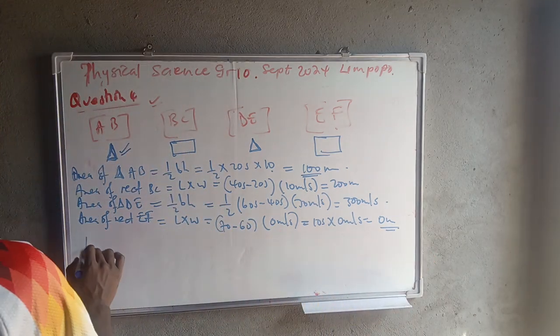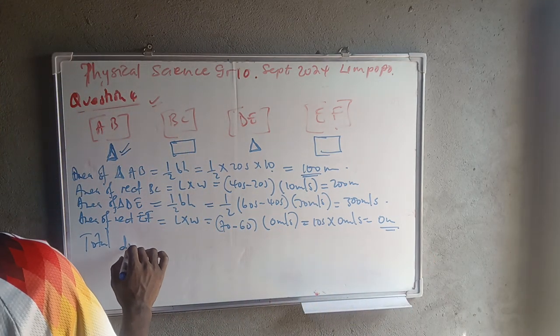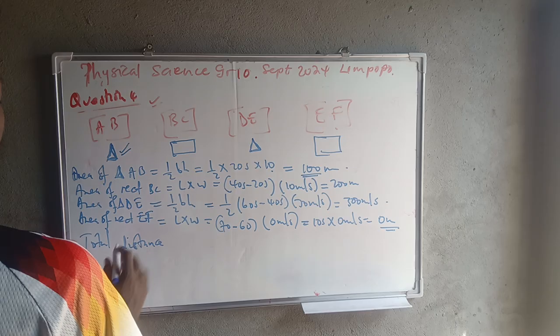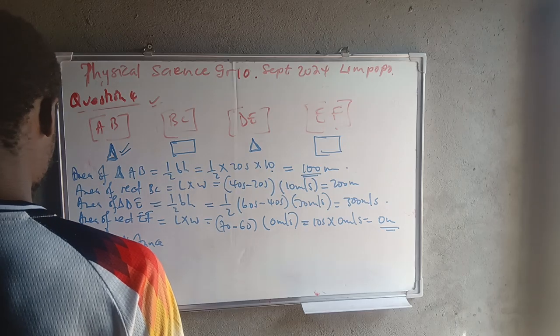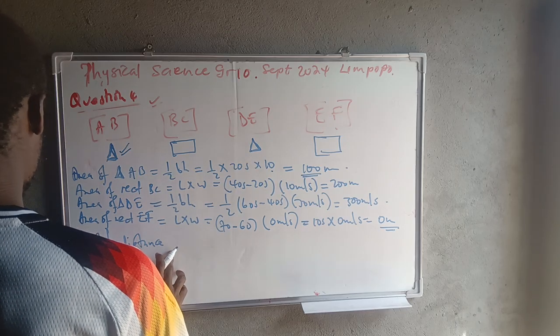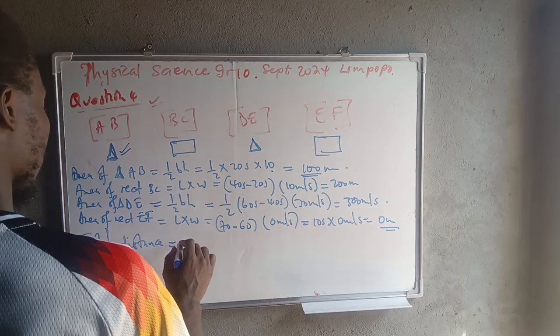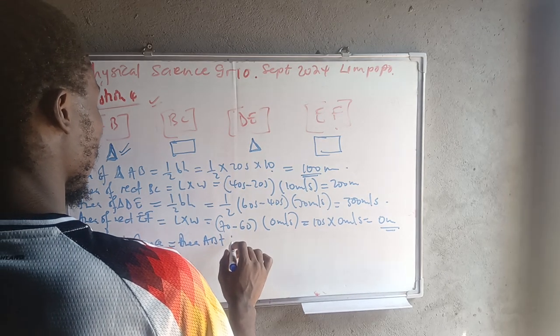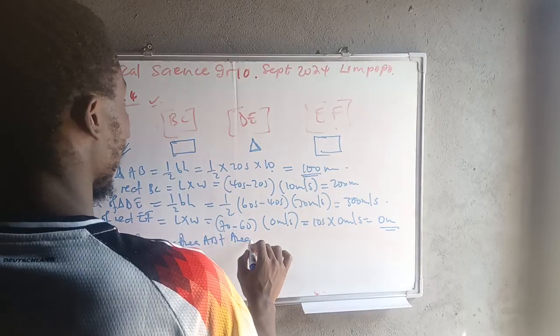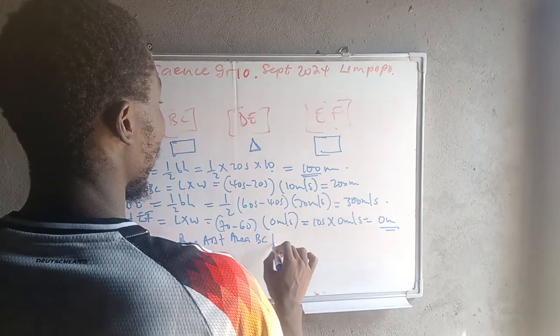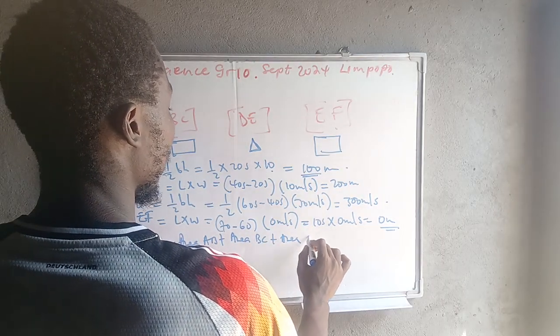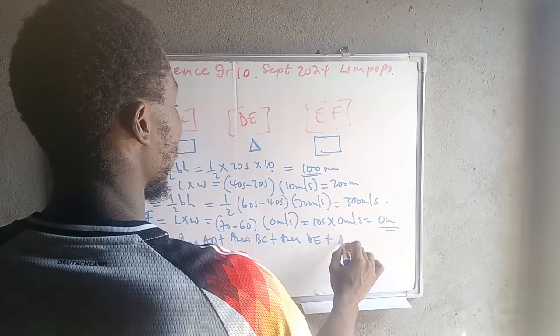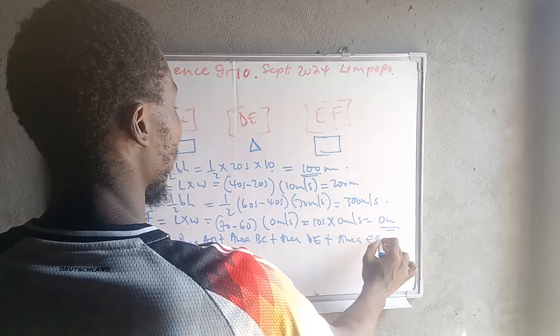So now the total distance traveled by the car from point A to point F is equal to area AB plus area BC plus area DE plus area EF, right?